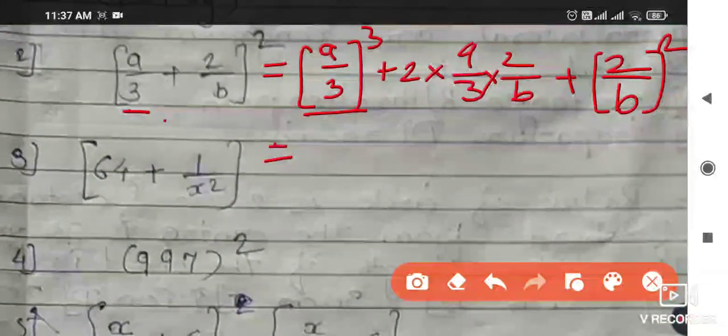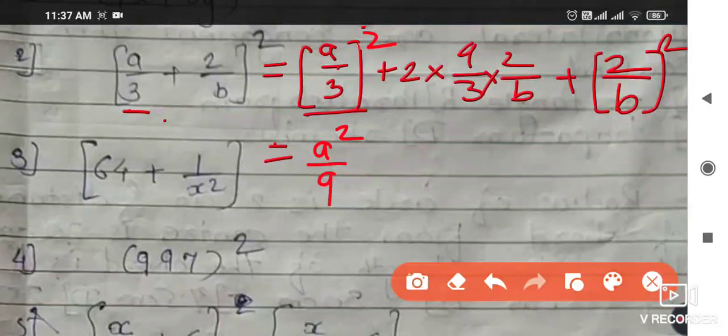So let's solve the example. Here a square we have, right? By mistake I wrote it wrongly. So this is a square upon 9, plus the multiplication of the numerators, that is 2 into a into 2.